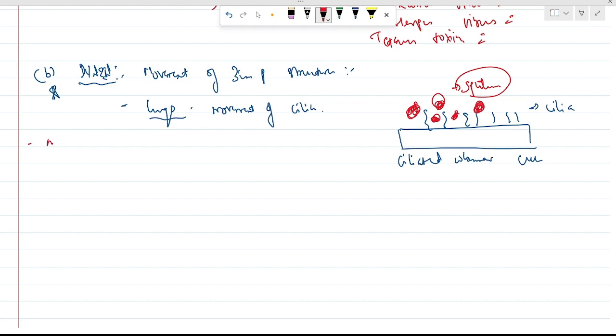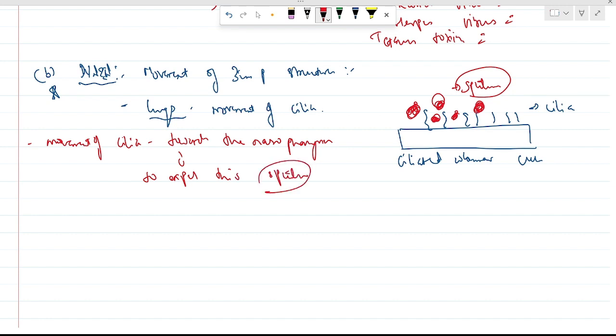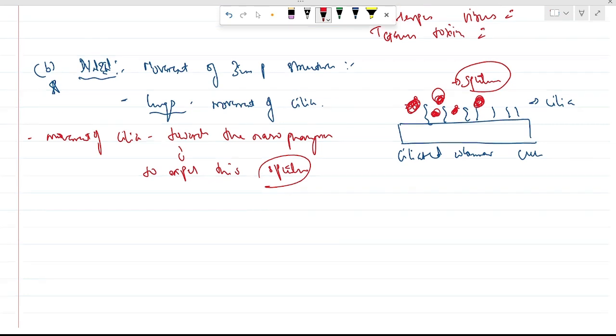This movement of cilia is towards the nasopharynx to expel this sputum, this debris which gets accumulated.